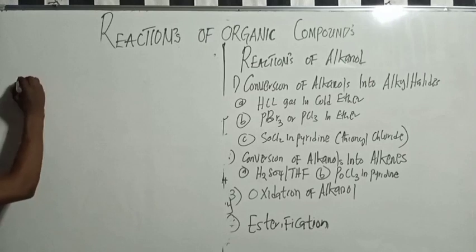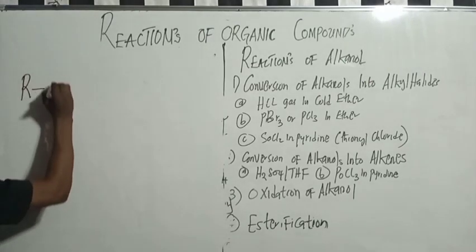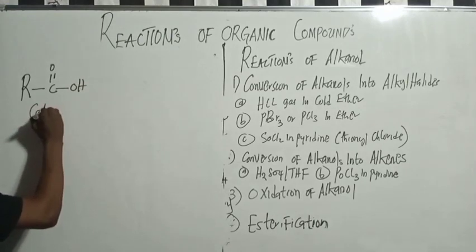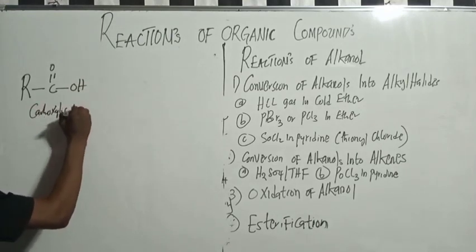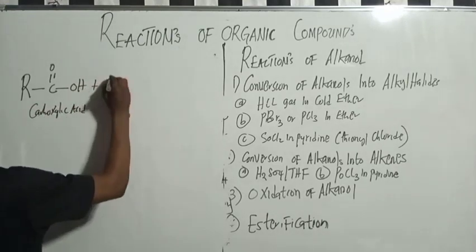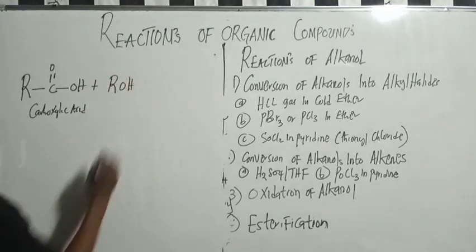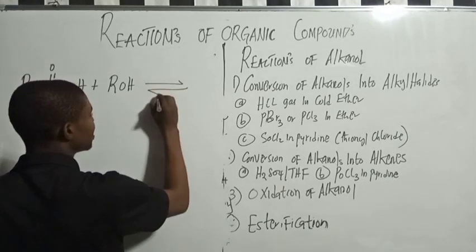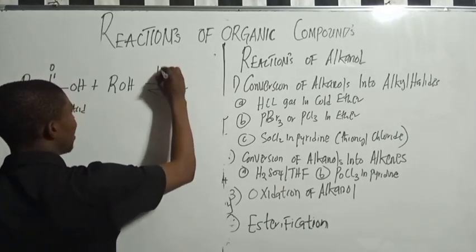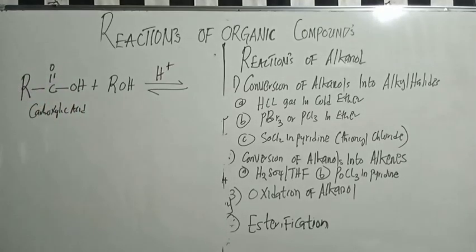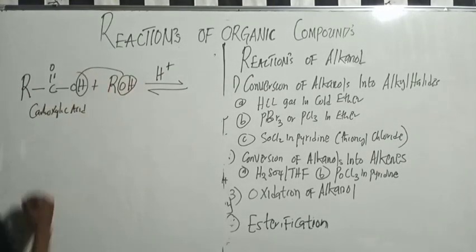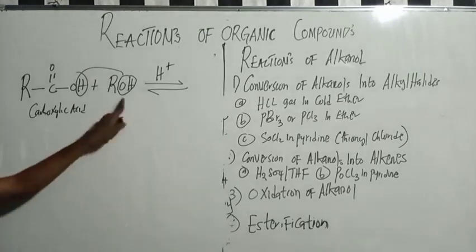So here we have a carboxylic acid. Now when you react it with any alkanol, either primary, secondary, or tertiary, it is a reversible reaction. It must have an acid catalyst here. So what happens here? This OH will go with this hydrogen here.